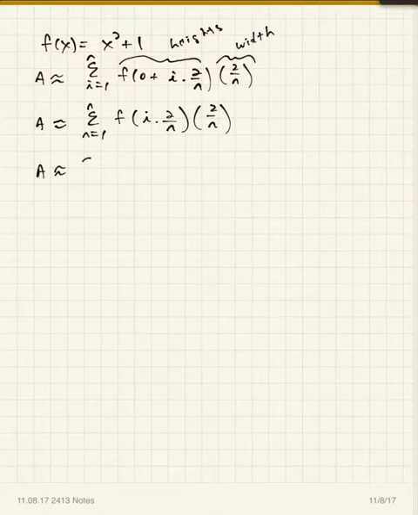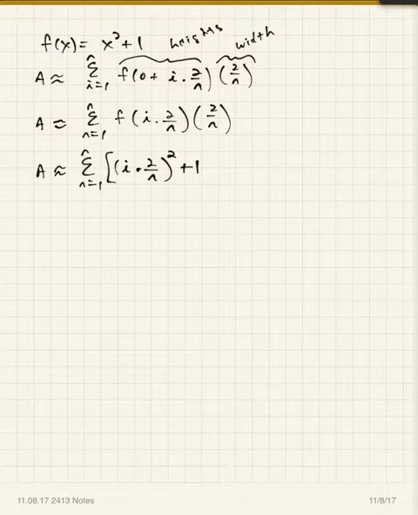So now we'll get a handle on the sigma at the end here, so don't panic on that. We just keep on writing it down because it's a sum each time. So this would be x squared plus 1. In place of x, we put i times 2 over n. i times 2 over n squared plus 1. And there's our function value. Put that in brackets, and then this would be times 2 over n.